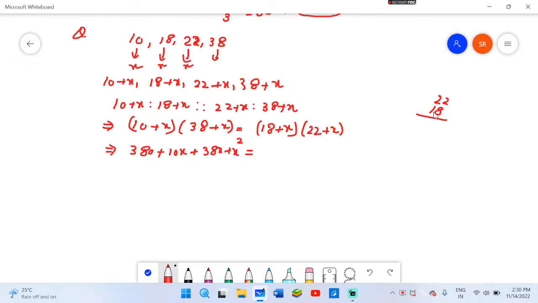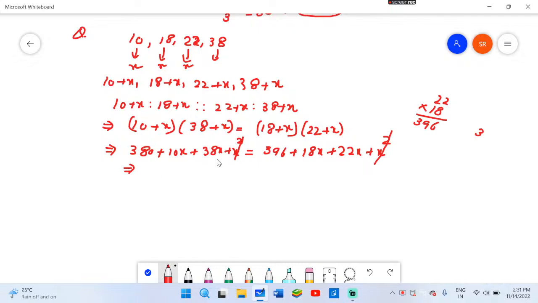We multiply 18 2s are 36, 3 carry 39. So 396 plus 18x plus 22x plus x square. x square being on both sides gets cancelled.